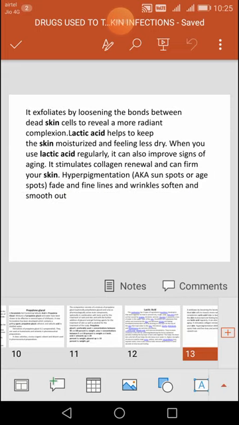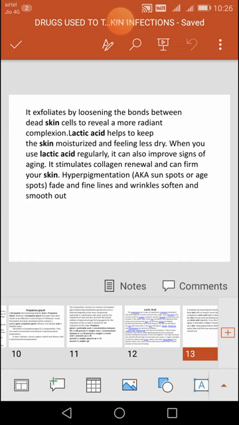Lactic acid exfoliates by loosening the bonds between the dead skin cells and also reveals a more radiant complexion. Lactic acid helps to keep the skin moisturized and feeling less dry.